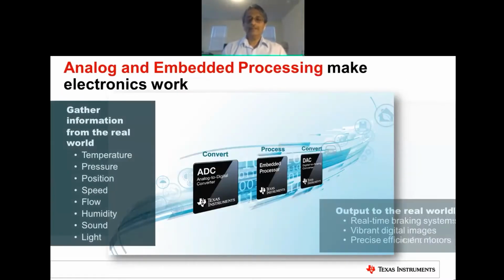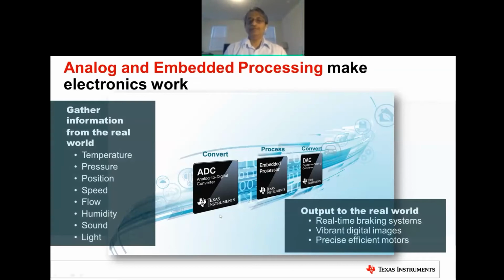So going into a little more into what goes into these electronic integrated circuits and so on, and what makes it work. Our world in some sense is analog, and most of these devices are really gathering information from the real world and controlling or giving information or connecting back into the real world, which is analog too.